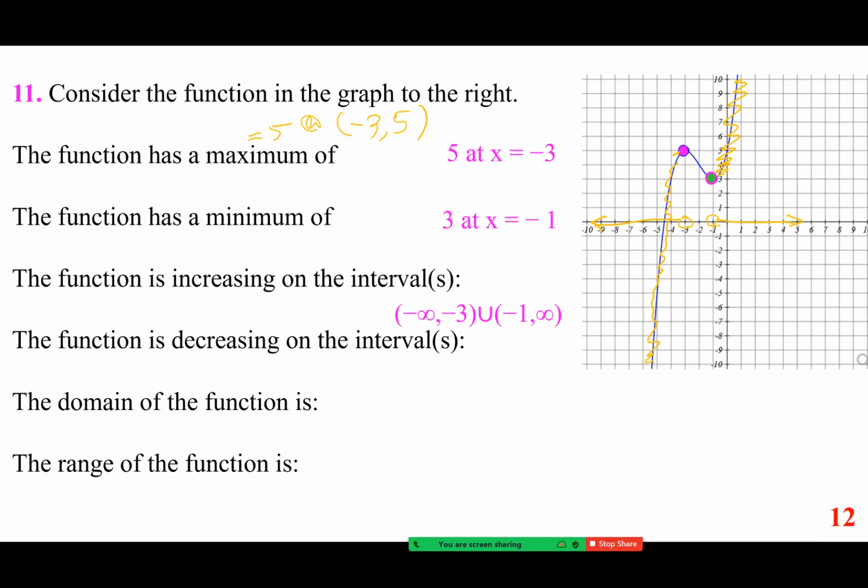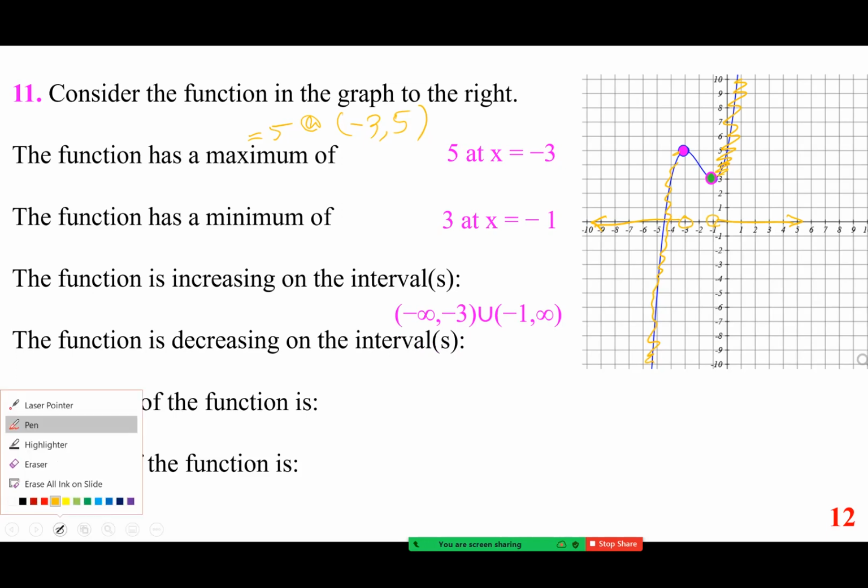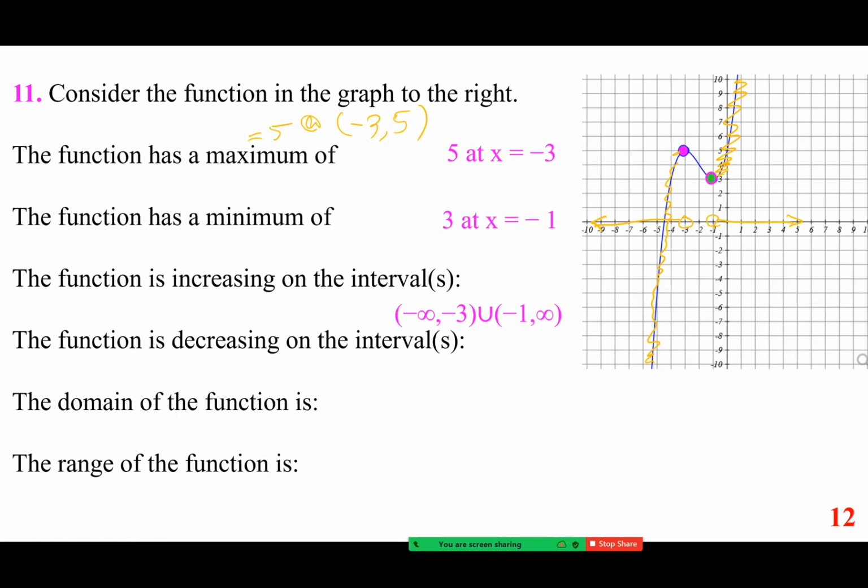We have (-infinity, -3) union (-1, infinity). The function is decreasing here, which means in between here, from -3 to -1.